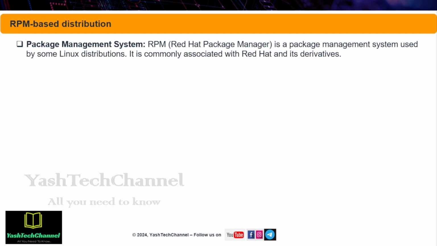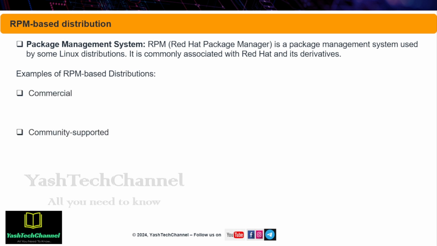That is driven by outside users, vendors, or people. So as I said, RPM is a package management system used by Linux distributions. It's commonly associated with Red Hat and its sub operating systems. Like, we have a commercial one and a community supported one, as I said before.